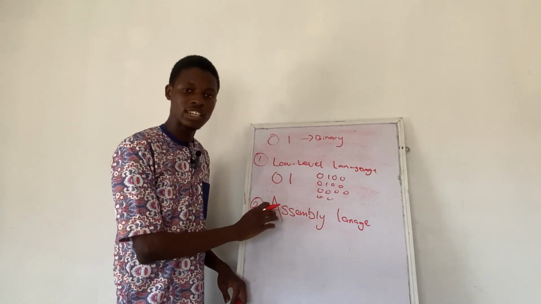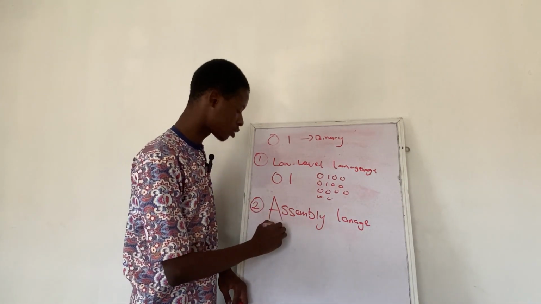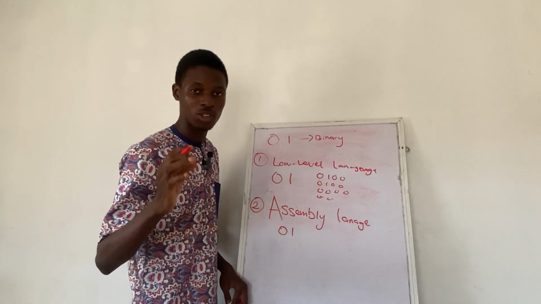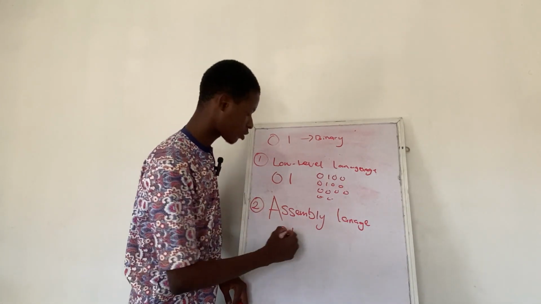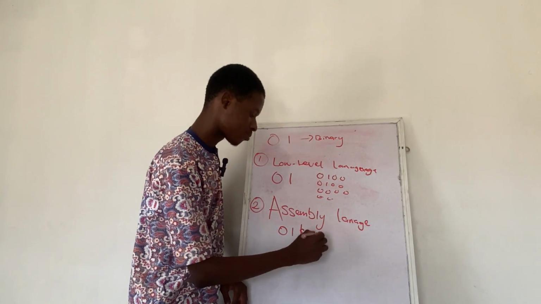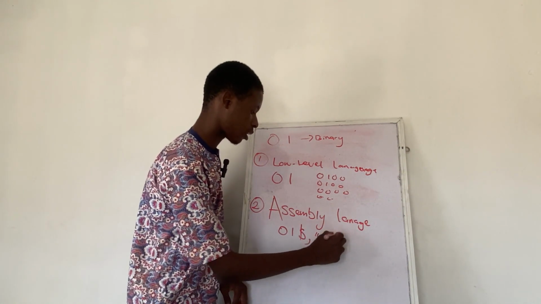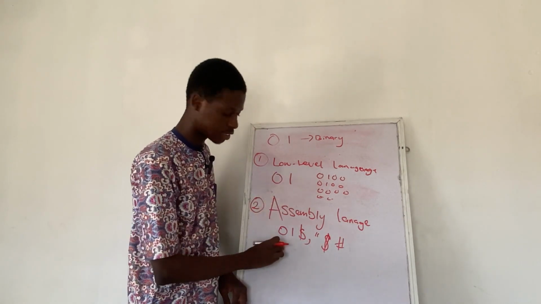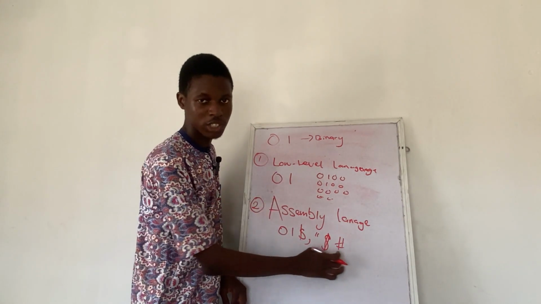Now, this assembly language is also 0 and 1, but there is a little difference: it contains symbols and signs. So I'm going to be having symbols like this, comma, hash. This is 0 and 1, then this is 0 and 1 with symbols.